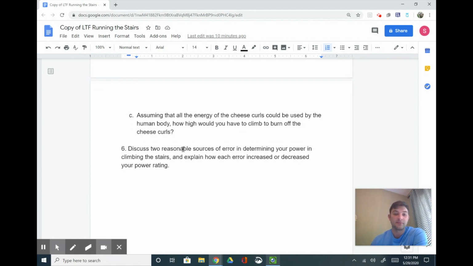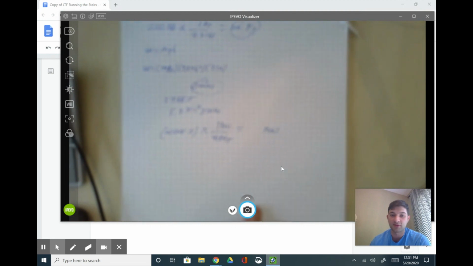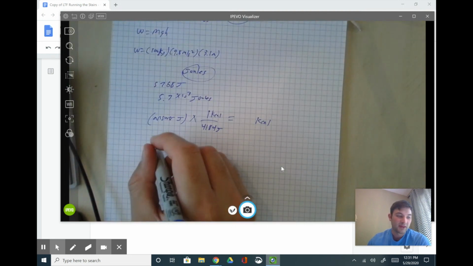And then lastly, C, assuming that all energy of cheese curls could be used by the human body, how high would you have to climb to burn all of that? A good way to think about it is, it is the same formula. So just think about it.